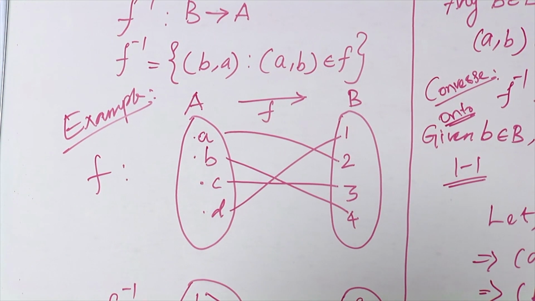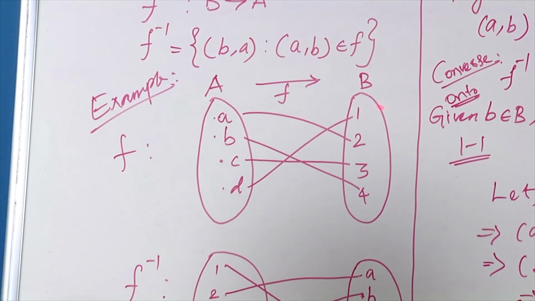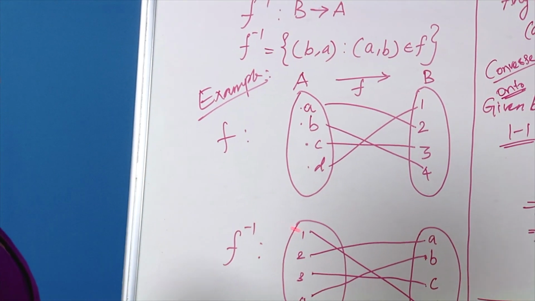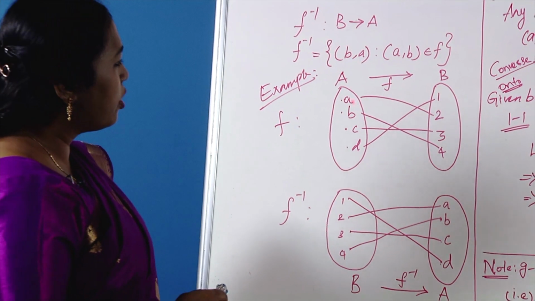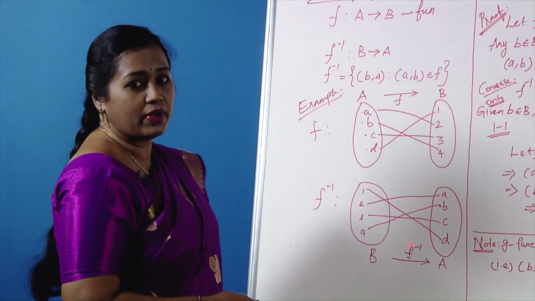Now, f inverse is merely reversing the position. So, f is from A to B means that f inverse goes from B to A. What was the codomain here becomes the domain in f inverse, and what was the domain for f becomes the codomain in the case of f inverse.